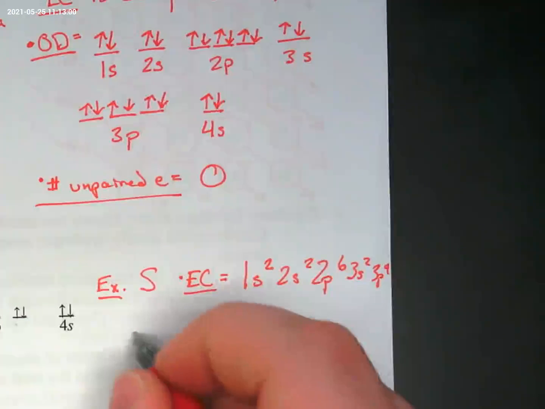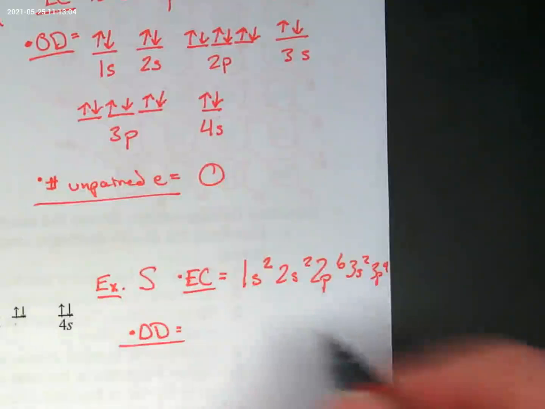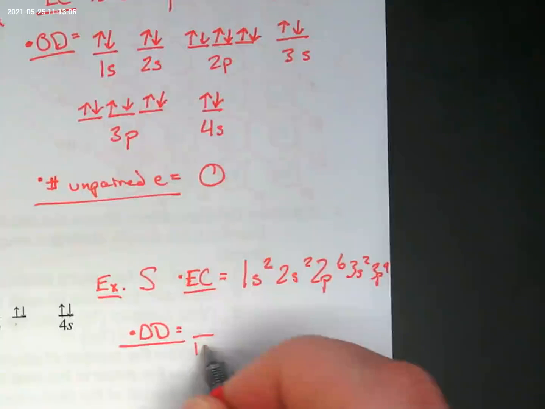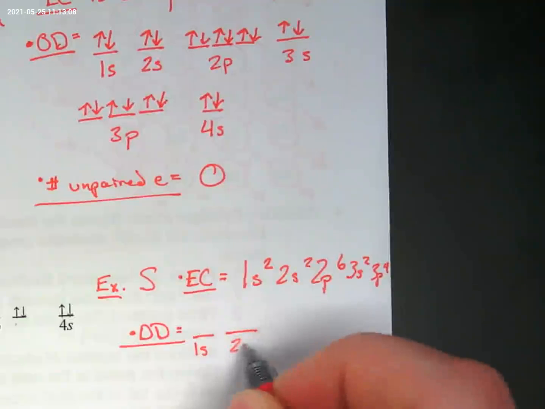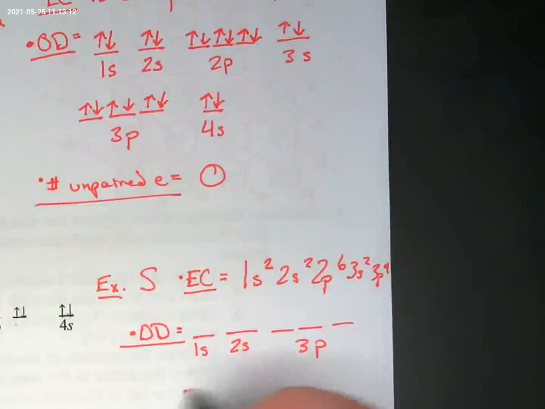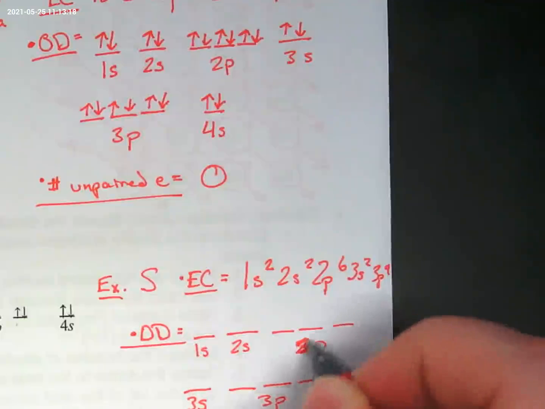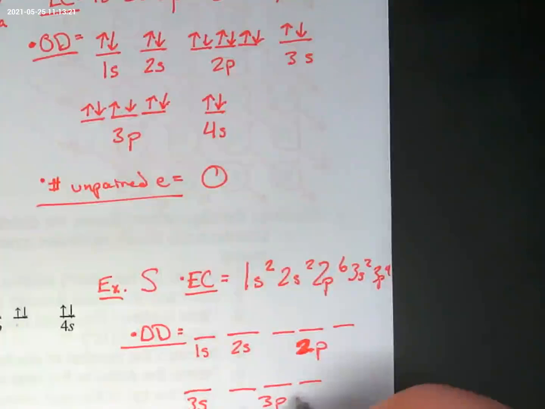Okay, so its orbital diagram is going to look something like this. So 1s2, 2s2, 2p6, 3s2, and then 3p4. Oops, I had written 3p instead of 2p for that one, my bad.